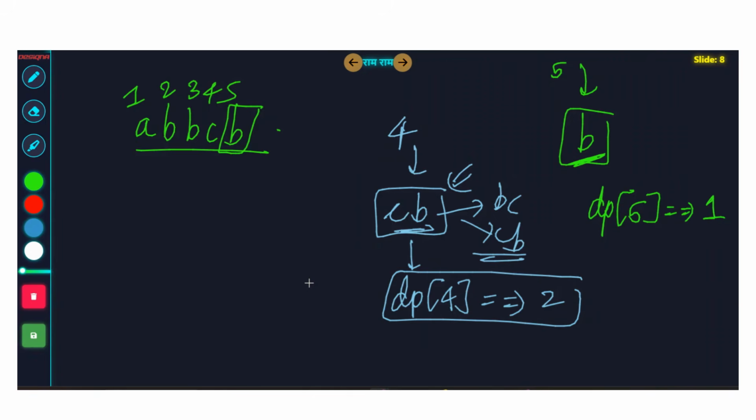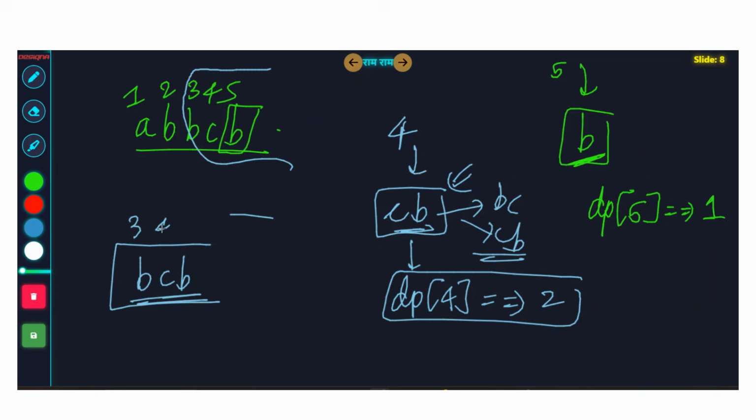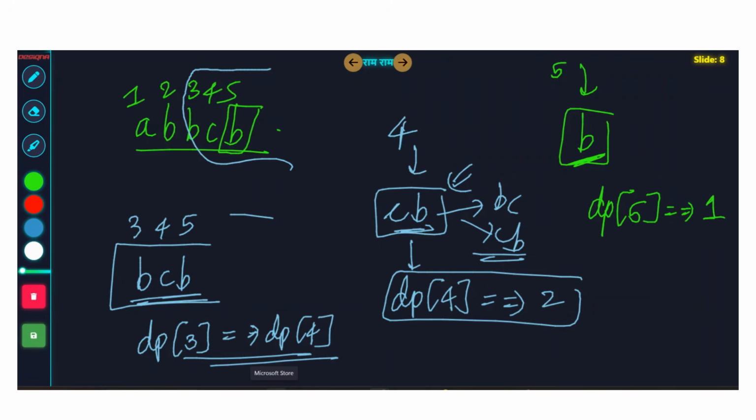Okay sir. Now calculating DP of 3 gives us lots of enjoyment. How? DP of 3 means you're trying to calculate the answer for this part, B, C, B. How many different strings can be generated by doing all valid operations? My claim is that DP of 3 is nothing but DP of 4. You would say, why sir? DP of I is just DP of I plus 1.